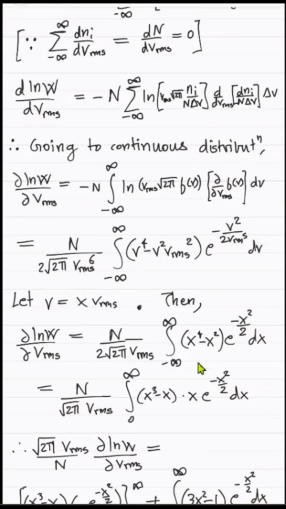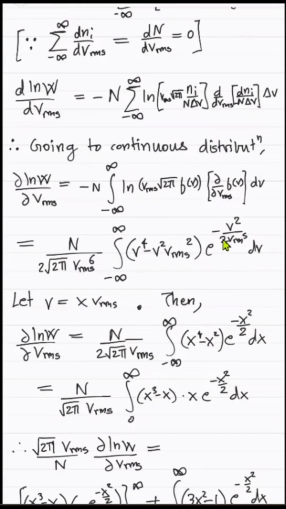Then you can write this whole thing as capital N upon 2 square root of 2 pi times VRMS, and then this integral. V is equal to x times VRMS, so this is just x to the power 4 times VRMS to the power 4, minus x squared times VRMS to the power 4. You take that VRMS to the power 4 outside, and just get VRMS squared over here.